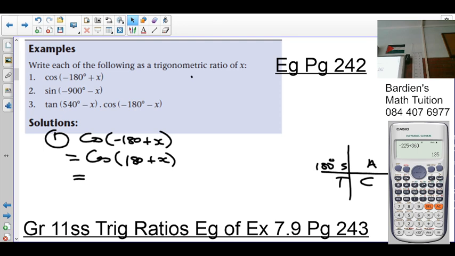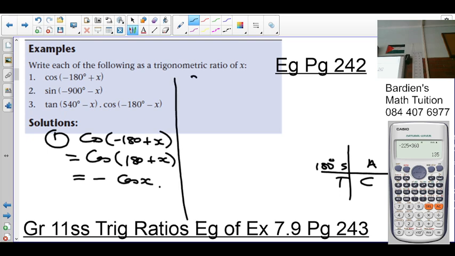Is cos positive or negative in the third quadrant? Negative. So I write here negative cos x. Right, you guys understand? Any confusion? Am I moving too fast? Okay, so I'll move faster, no?